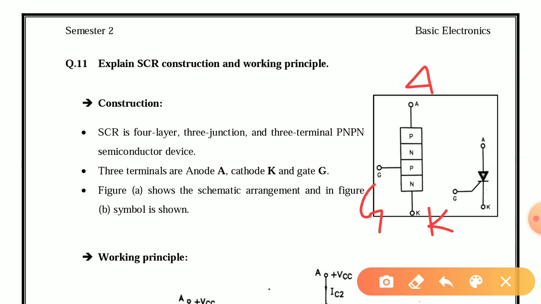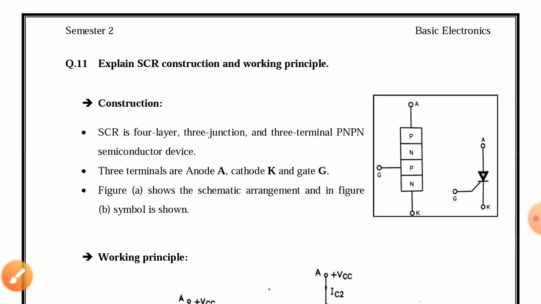Figure A shows the schematic arrangement and figure B shows the symbol. The symbol is most important here. Many times in 1 mark or 2 mark questions, the full form of SCR and its symbol are asked. The symbol is simple, like a PN junction diode, but we have to show one gate terminal.